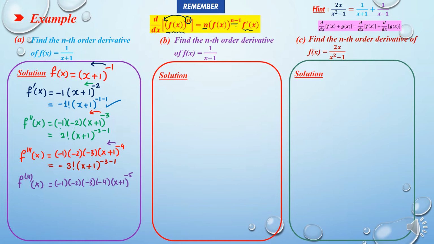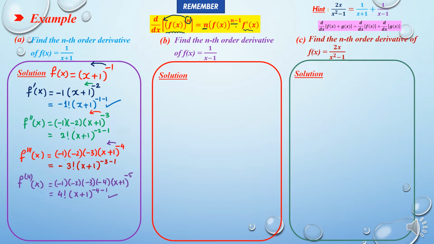And the fourth derivative, we have 4 negative numbers multiplied with each other, so the answer will be positive. And 1 times 2 times 3 times 4 is 4 factorial multiplied by x plus 1, and we write negative 5 as negative 4 minus 1.